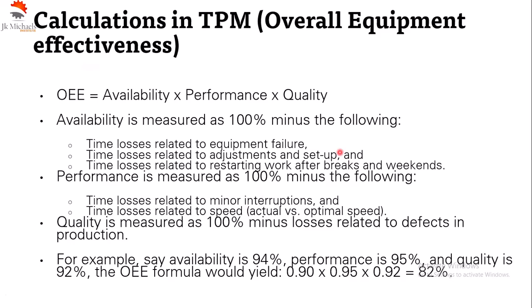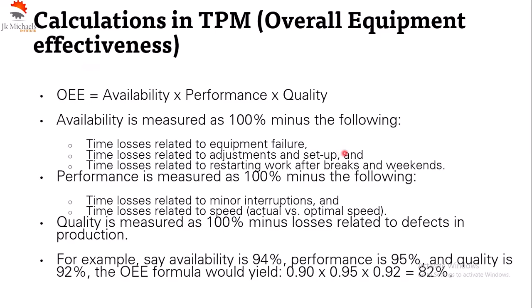So if we assume that availability is 94%, what we're trying to show is how they compound to give us OEE. If we assume that availability is 94%, performance is 95%, and quality is 92%, then the OEE metric will yield 0.90, which is 90%.